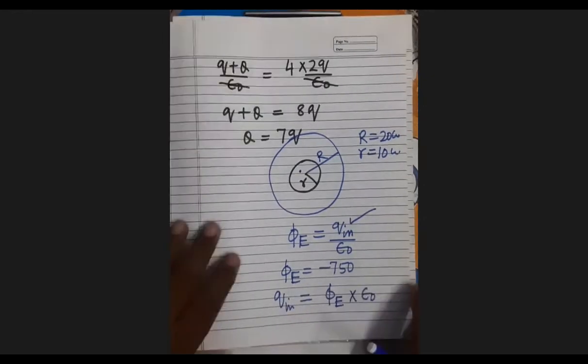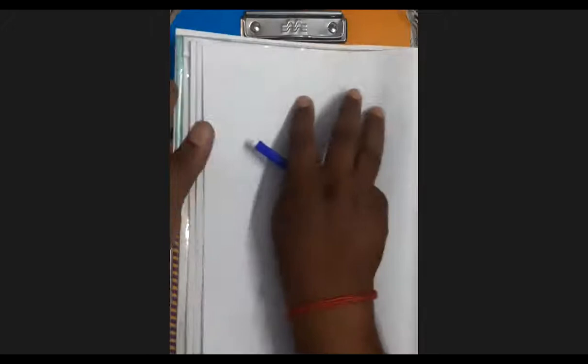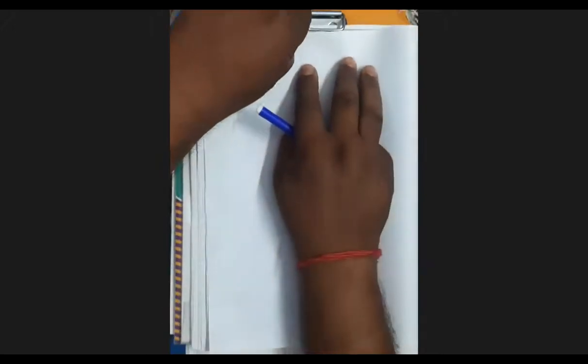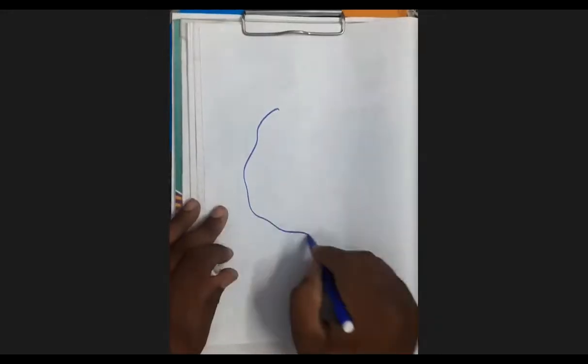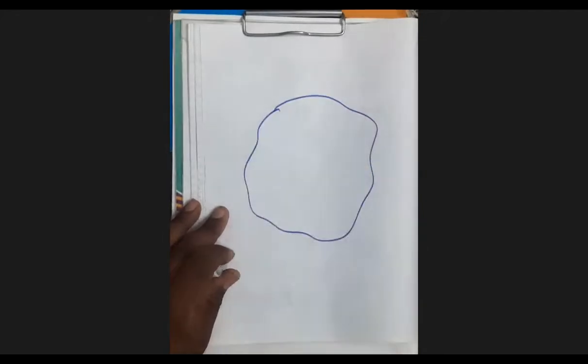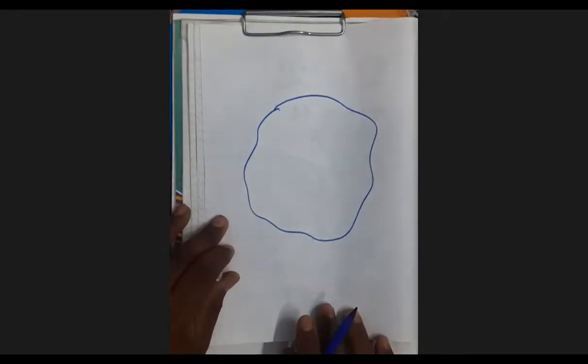Now question number 4 is very good. You can see the question number 4. A very good question. An isolated conductor means it is not interacting with any other conductor. Its charge is not interacting with any other conductor. Of any shape, it has a net charge of 10 microcoulomb. This is a conductor, how much charge is on it? Net 10 microcoulomb.